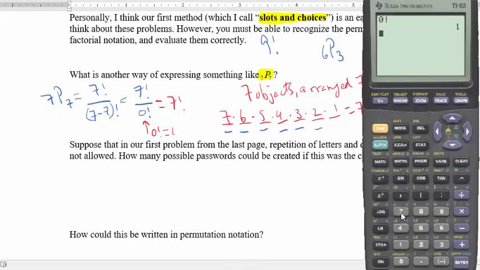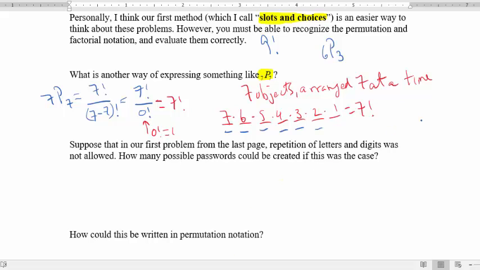If I did 7 factorial, I get 5040, and if I did 7p6, I'm going to get the same thing. So whether I do 7 factorial or 7p6, it's the same answer. The same thing with 9 factorial and 9p8, for example. They would be the same.